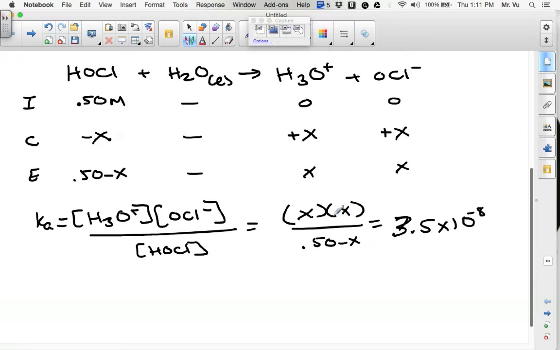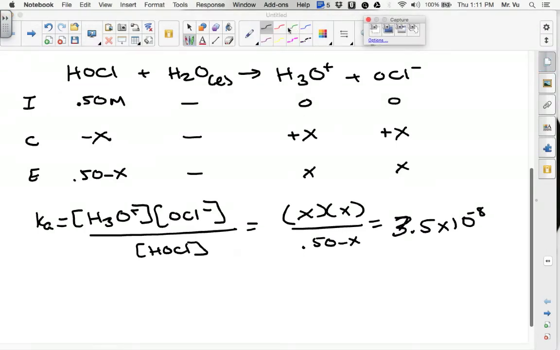So I'm going to use the 5% rule. The 5% rule says if the Ka is less than 10 to the negative 4, then I can pretty much say it's going to produce less than 5%, so I'm not going to produce so much of this. That means I can literally get rid of the x there. So all I have then is that equation.